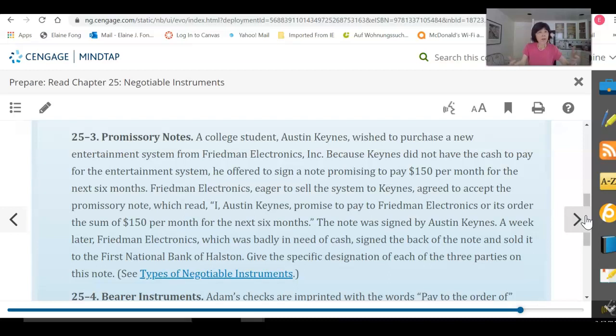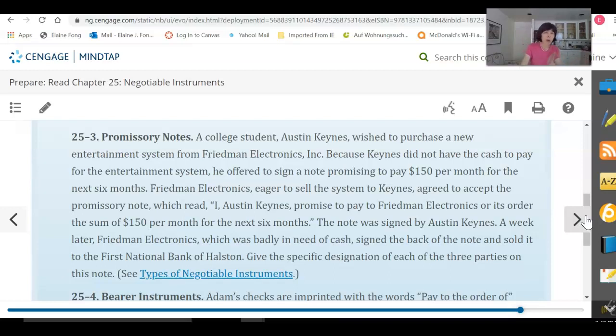They probably are going to sell it for less than the face value of the instrument. We don't know the total value of the instrument, but that would probably be the only way that they would be able to sell it. They're going to have to give a discount. First National Bank is willing to wait to be paid at the end of 6 months, and is a willing participant. They make some payment to Friedman. Friedman has money now. He can go out and buy some new inventory.